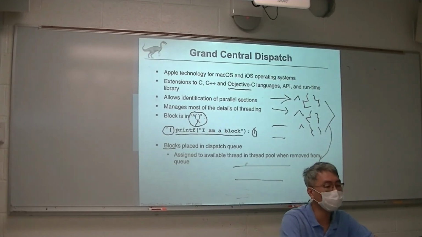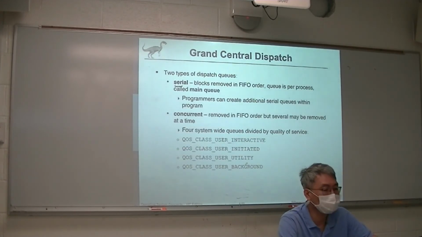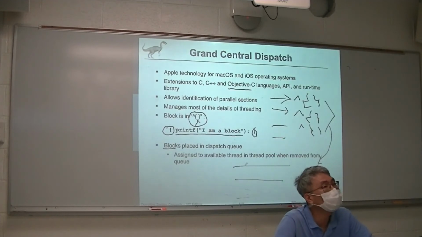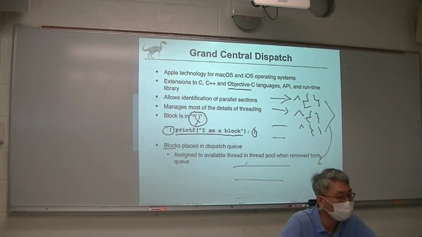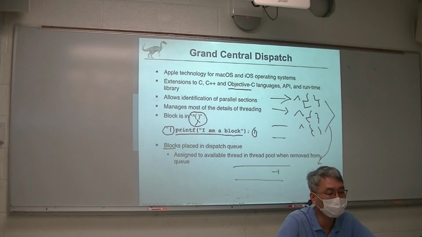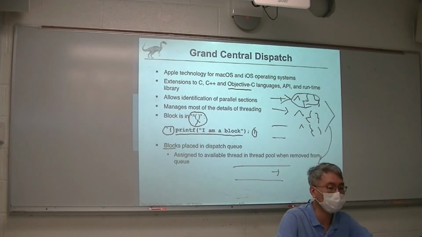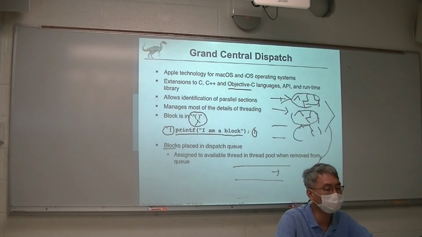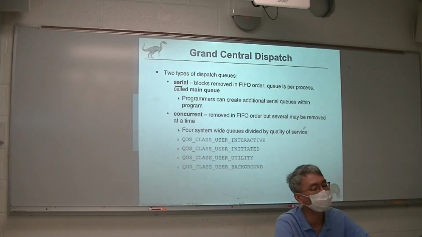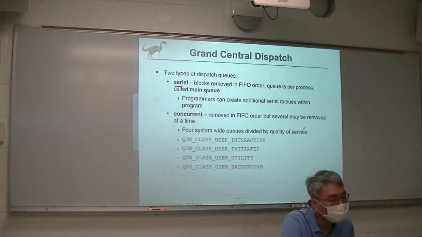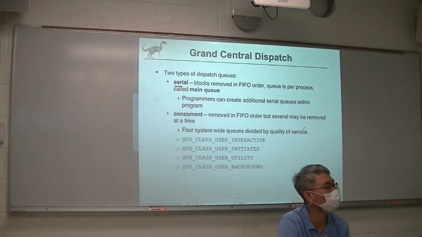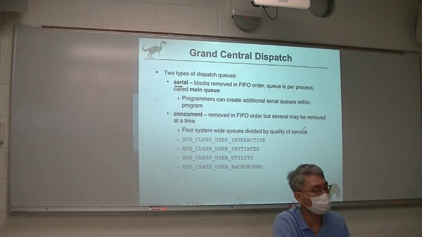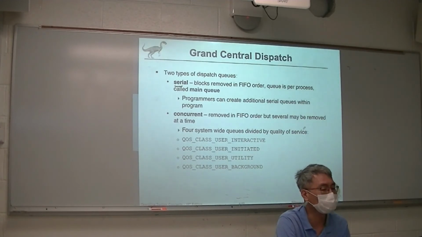This is called the serial. The queue is first in, first out by default. So if this request comes first, it runs first in parallel using the thread, then followed by this, followed by this. This is a serial. It's called the main queue, whatever the name is. There's one request queue.